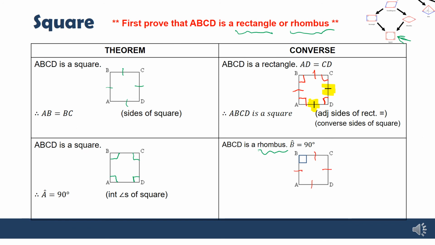And here we figured out, or we were given, that one of the interior angles is 90. And we know that in a rhombus opposite angles are equal, which means that all these other angles have to be 90. There's my square. So we can conclude ABCD is a square if we know that it's a rhombus and we just have one angle equal to 90.